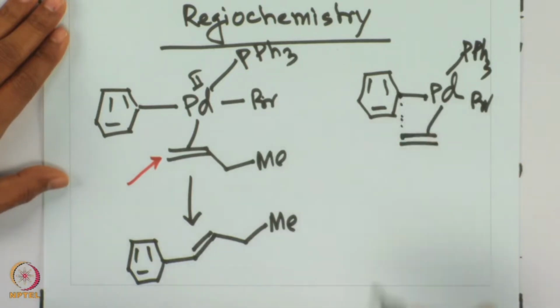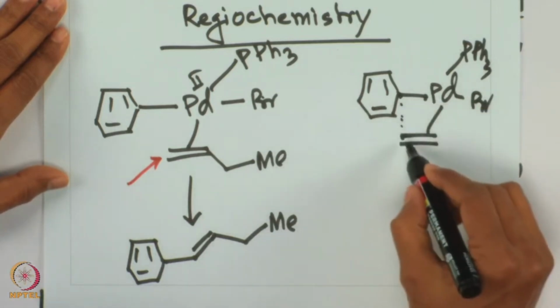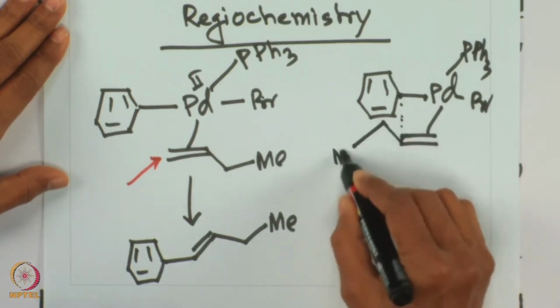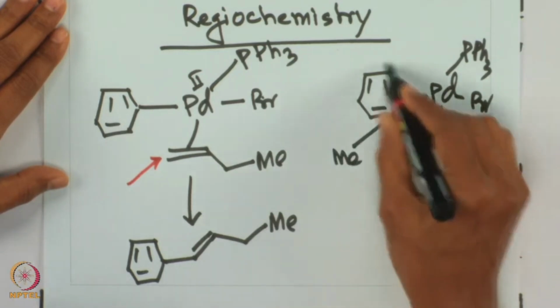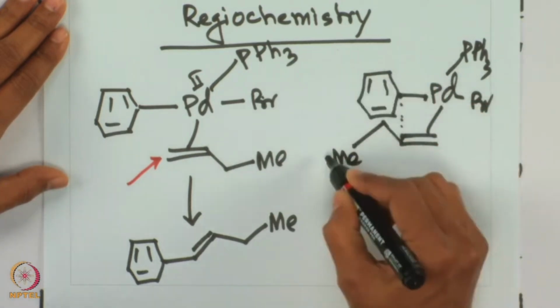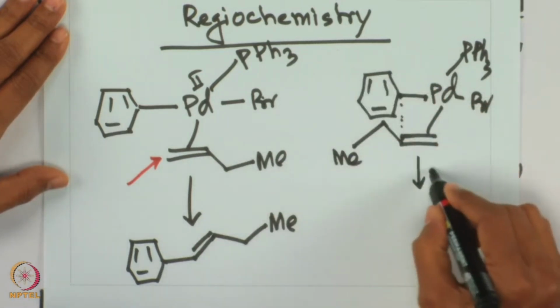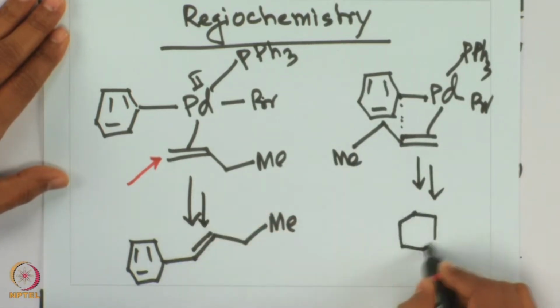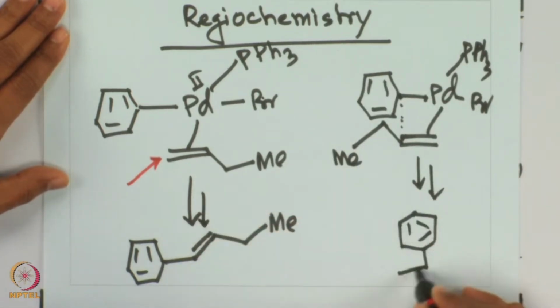Okay, so let us say that is close to each other, and during that orientation we see that this alkyl substituent is bumping into the aryl ring, and therefore the product formation is going to be something like this, right.